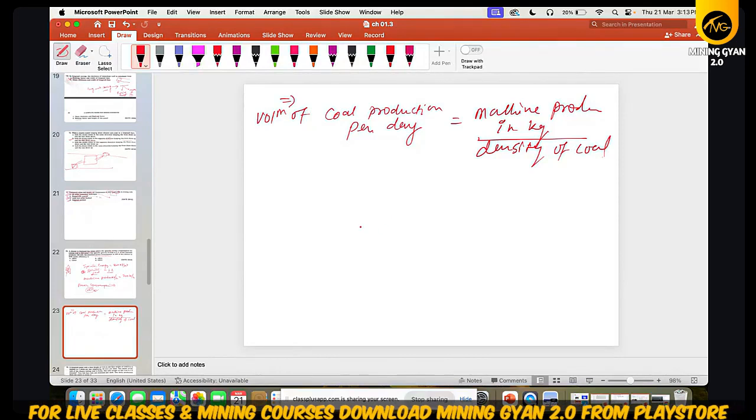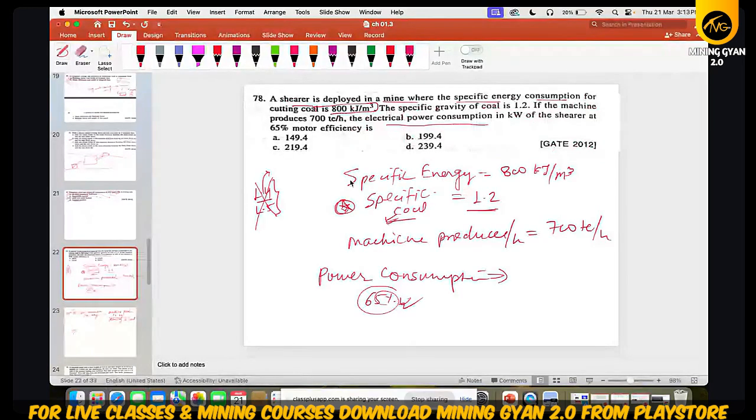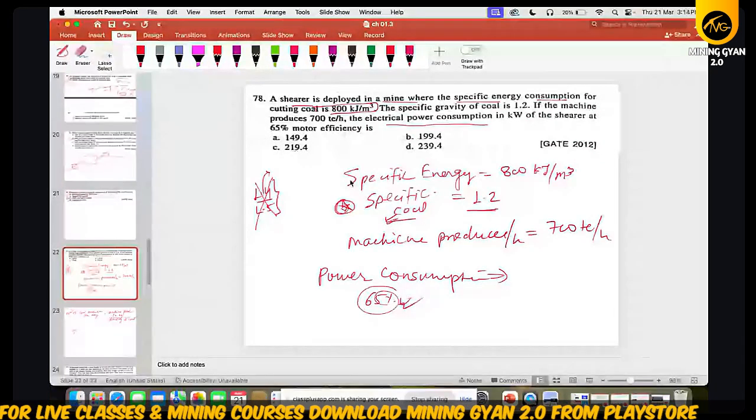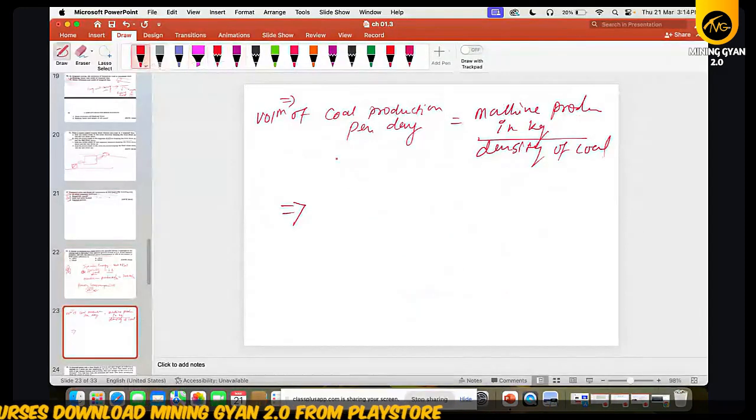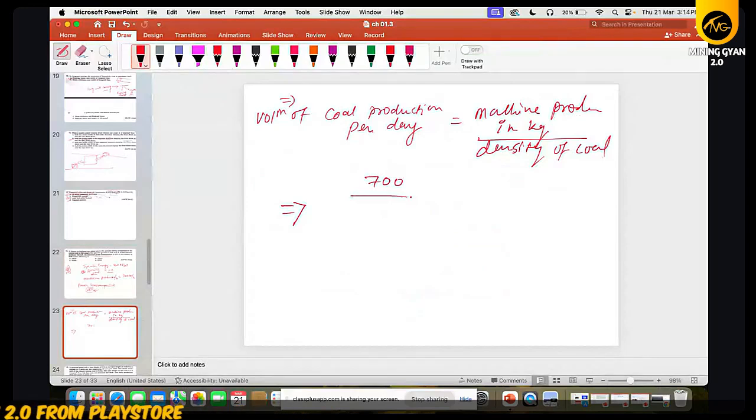So here, 700 ton per hour, the machine production. He has given us the machine production 700, divided by density 1.2.